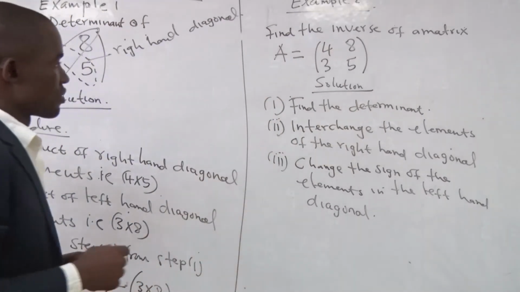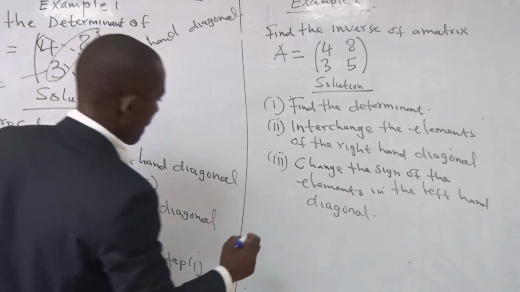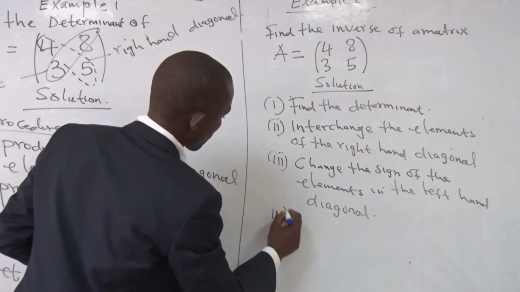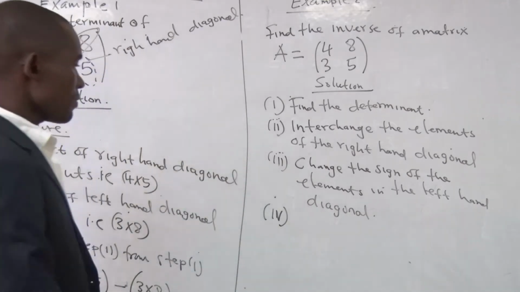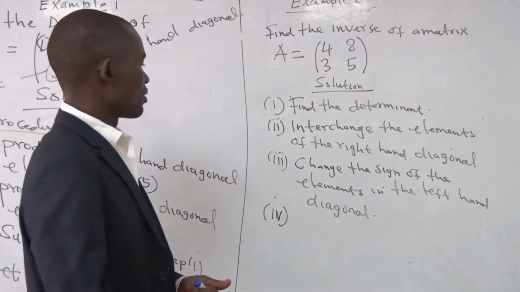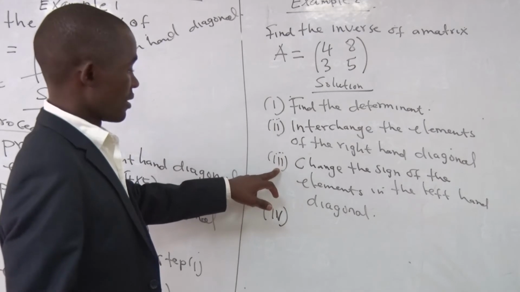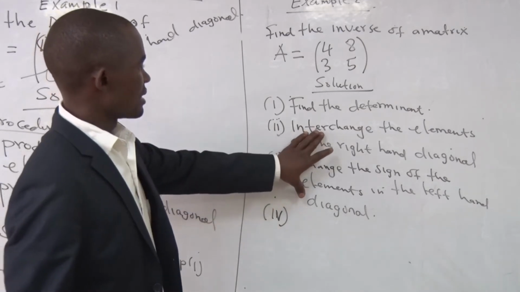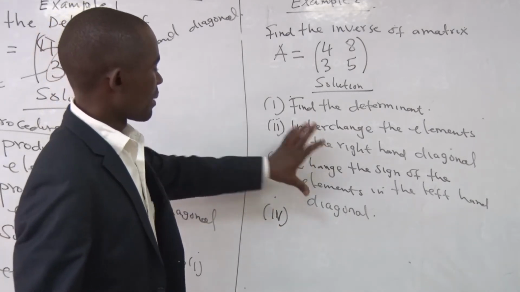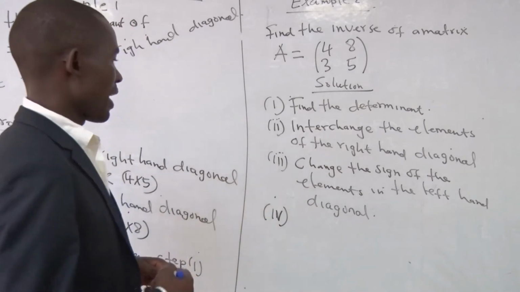Procedure number 4: after you have executed procedures 2 and 3, you rearrange the matrix and multiply.